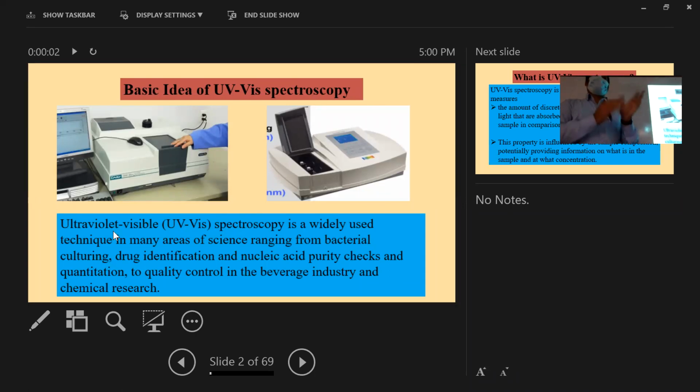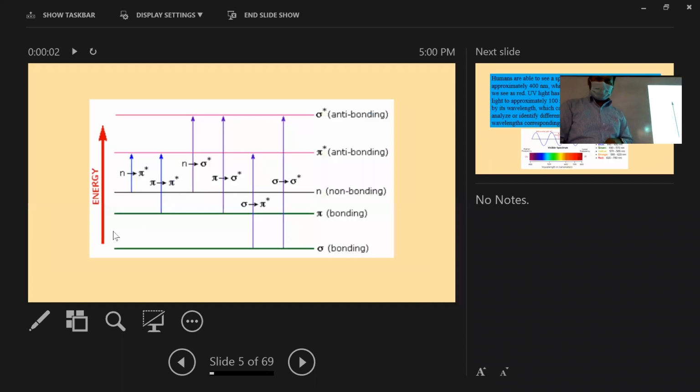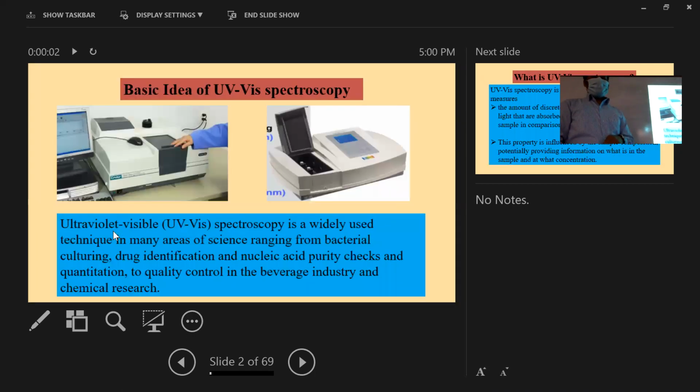Maybe in my next slide you will see the exact range. Anyway, that is around what I have mentioned, 450 to 800. But visible is only this range, and UV has wavelengths smaller or shorter than this. So in terms of energy, the energy of this light is higher compared to visible.